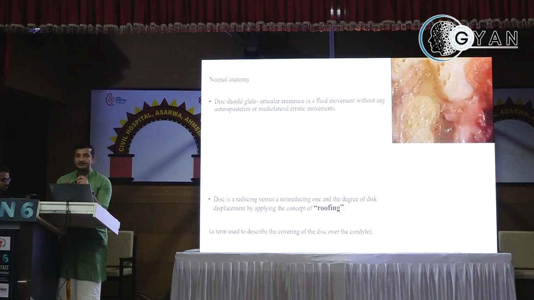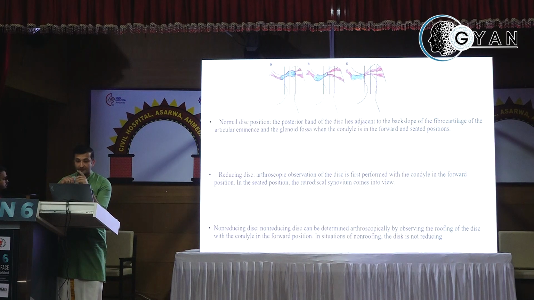Apart from the perforation, the disc can be anteriorly displaced. There's a term called roofing. Roofing means how much coverage of the disc there is on top of the condyle. So you can have a normal disc position, that is the posterior band in relation to the condylar head. If the disc is anteriorly displaced, then in the seated position, you will see only the retrodiscal tissue, because your disc is already anterior.